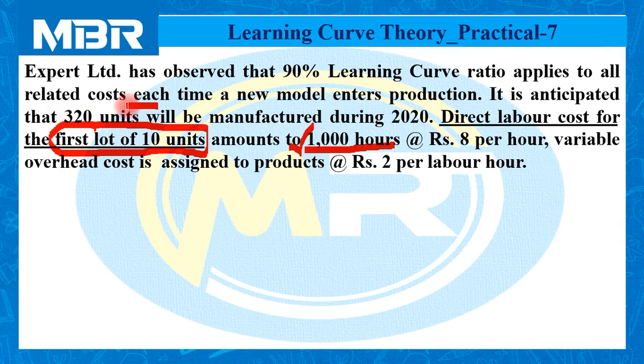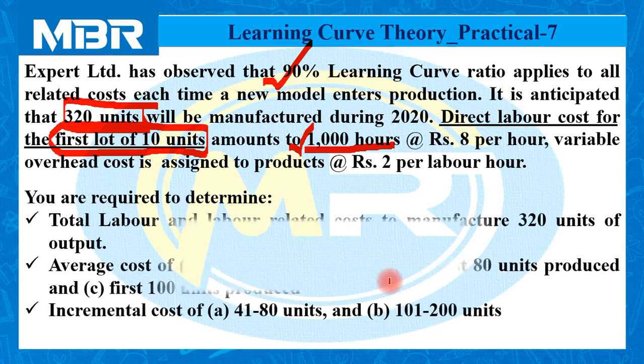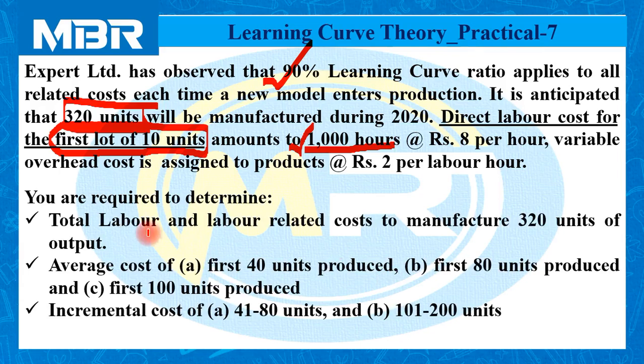Here, we need to manufacture 320 units, and the learning curve applicable to this process is 90%. Let us move to the second part of the question. You are required to determine total labor and labor related cost to manufacture 320 units of output.